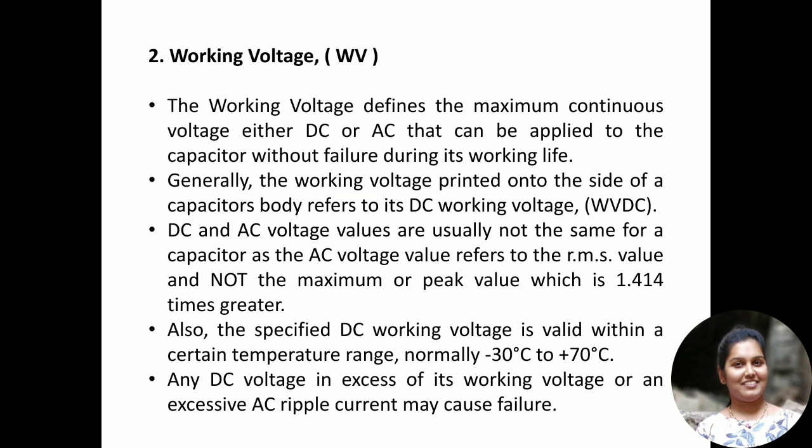This is a cautionary point: the working voltage is valid up to the temperature limits prescribed in the data sheet of the capacitor, for example from minus 30 degrees Celsius to plus 70 degrees Celsius.